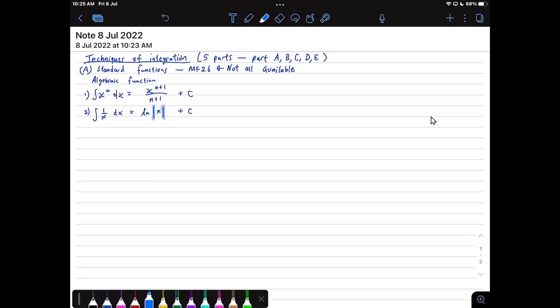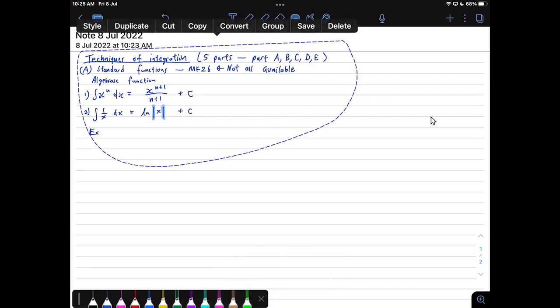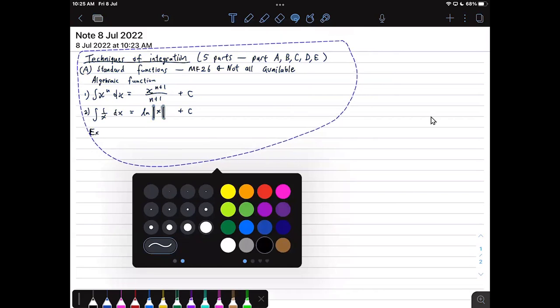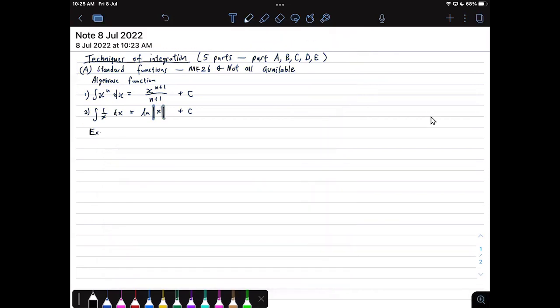Then the next one will be exponential functions. Exponential, my favorite one. Why? Because it's easy. You just integrate and get the same thing. The integral of e to the power x dx is just the same thing again.